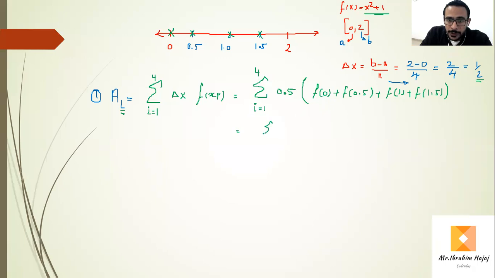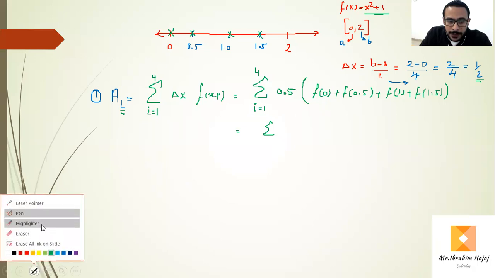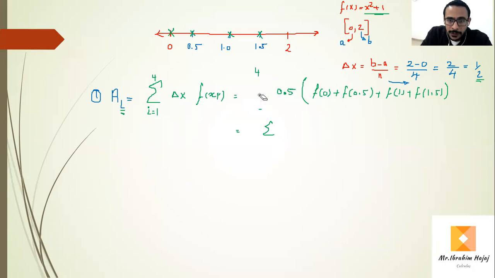Okay, so let's write it here first. Now I'm going to cancel the summation notation because we already did it inside. We will multiply by 0.5, and please evaluate. We said this one is 1. f of 0.5 means 0.5 to the power of 2, and then plus 1, a quarter plus 1, which is 1.25, right? 1.25 plus f of 1. f of 1 means 1 squared plus 1.